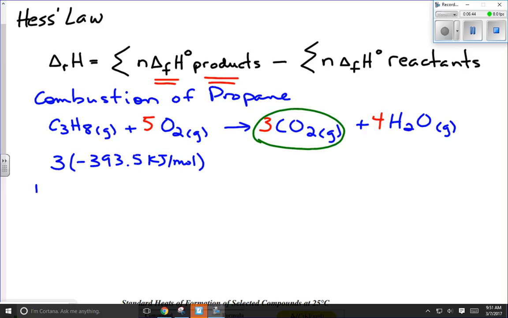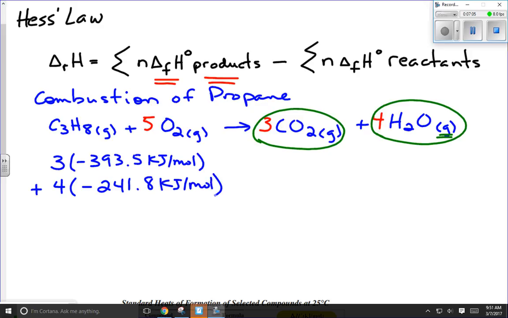Now we have to add to that the 4 moles of H2O gas. Remember, it was gas here, so that made a difference. So we would go plus 4 times, and for water vapor, H2O gas, it's negative 241.8 kilojoules per mole. We just look that up off the table. So we add those together. Let me just pause while I calculate this.